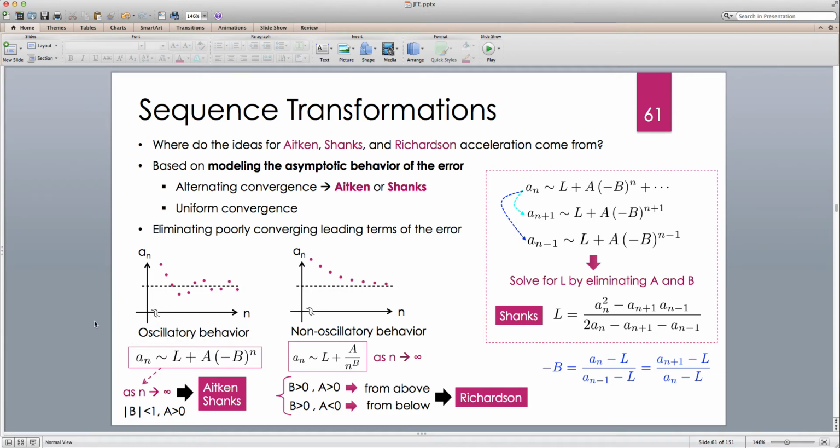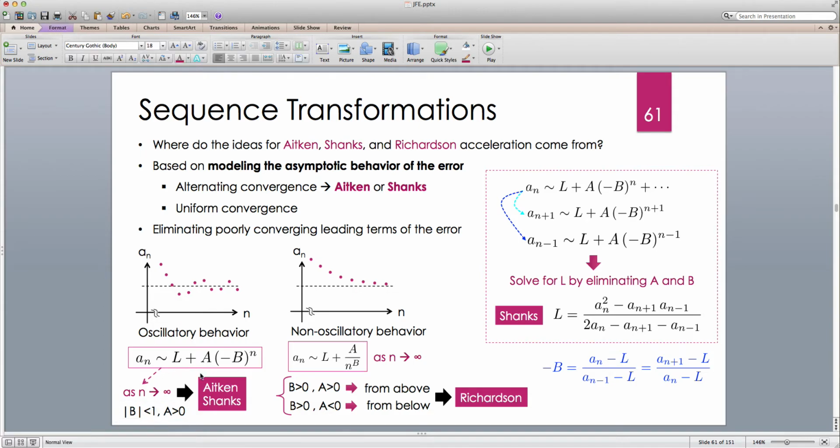And typically in physics or engineering problems, you can model the behavior of the error with something like this: some constant a times minus b, another constant, to the power of n. So the error behaves like some constant to the power of n, right? And obviously, in order for the error to go to 0, this b coefficient should be less than 1, right?